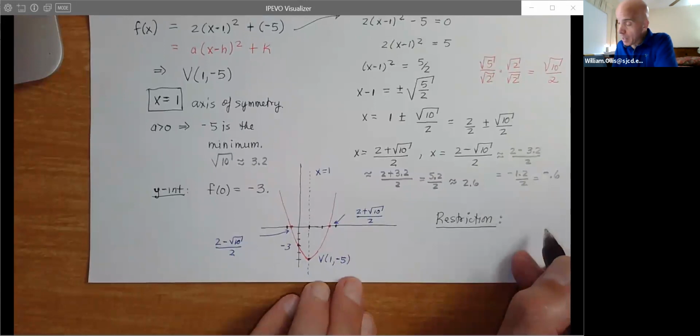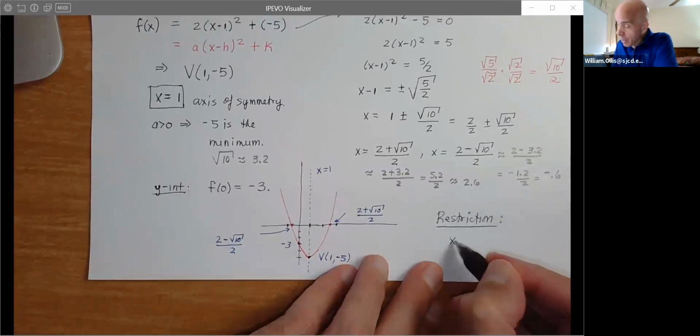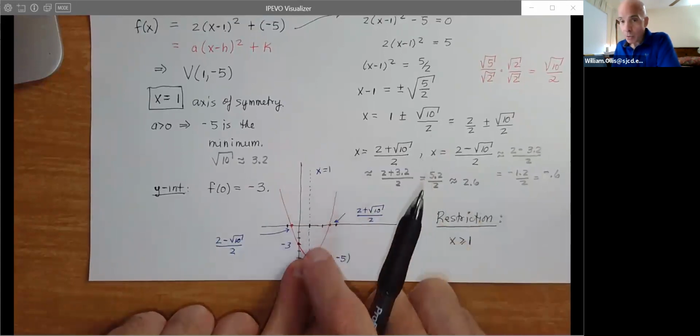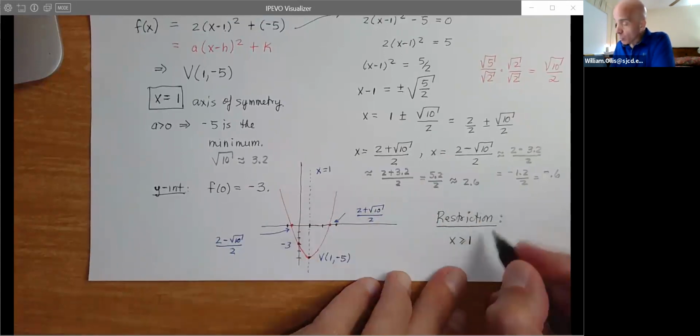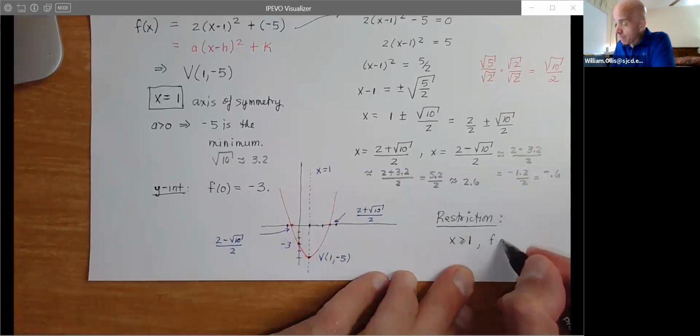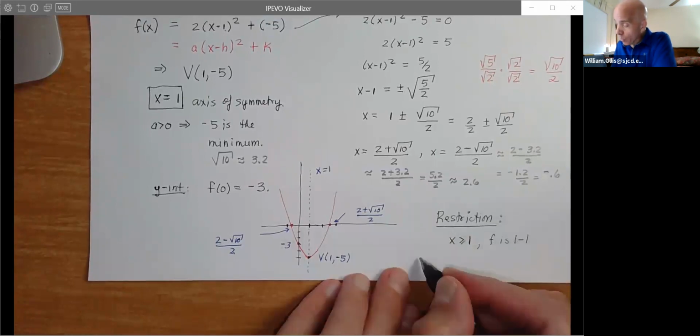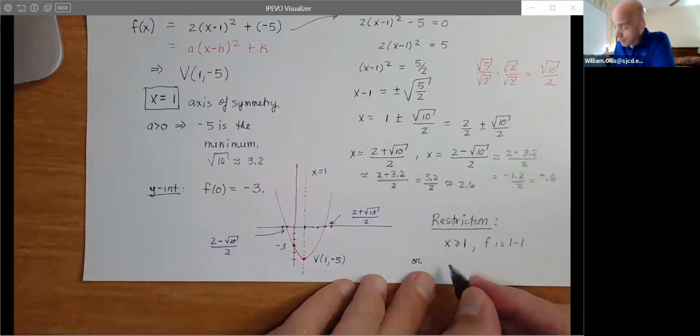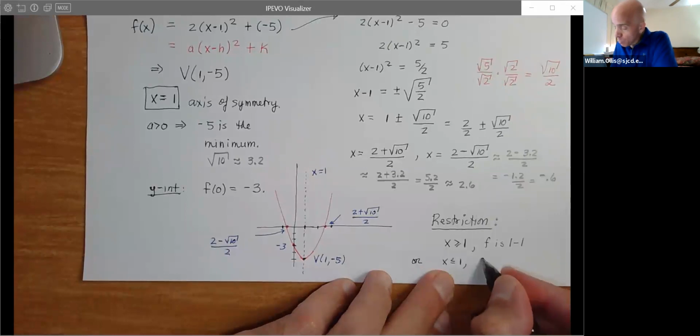So one would be x greater than or equal to 1. So if x is greater than or equal to 1, you just get this branch here. So x greater than or equal to 1, f is 1 to 1. Or maybe we want to do less than or equal to 1 to get this branch. Less than or equal to 1, f is 1 to 1.